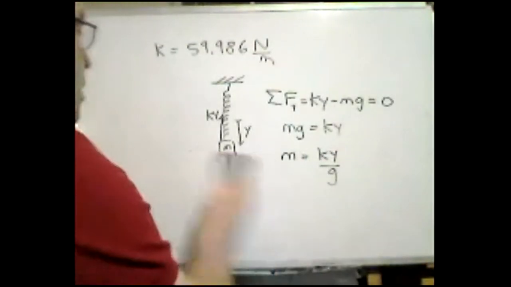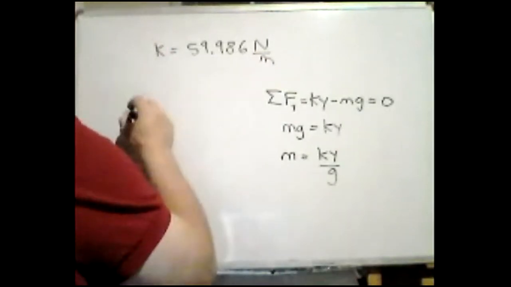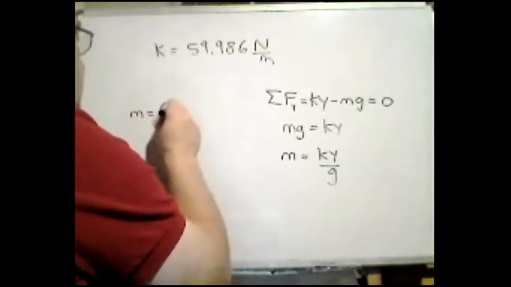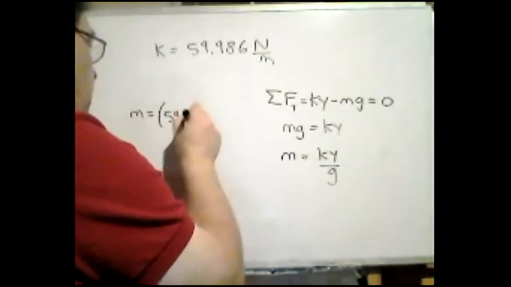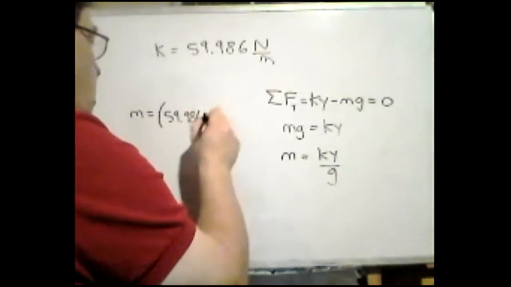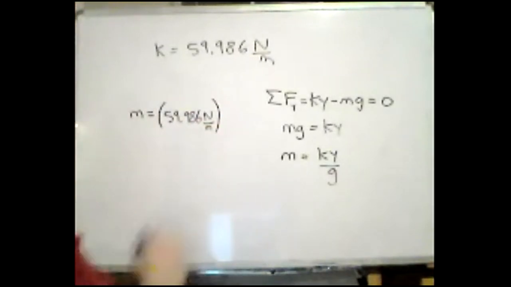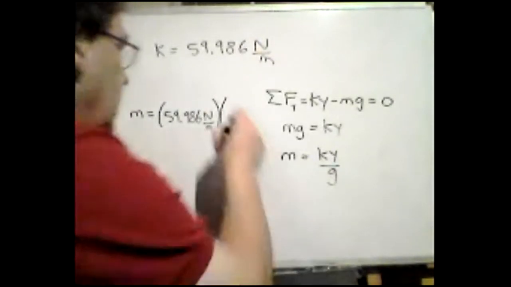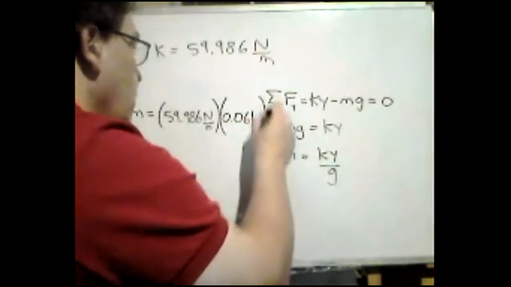All right, and so I have some information that I can use. Now I know the spring constant, 59.986 newtons per meter. And y, well, I determined to be 61 millimeters, right? But 61 millimeters is 0.061 meters.